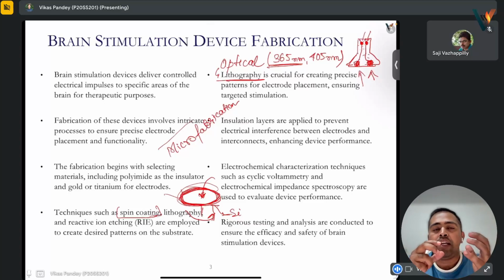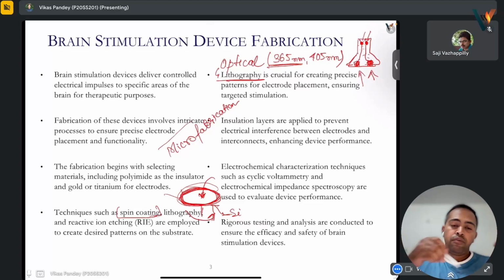So we put a mask, the pattern which we want, over it and expose light. So what will happen in this case? Are you getting my point?